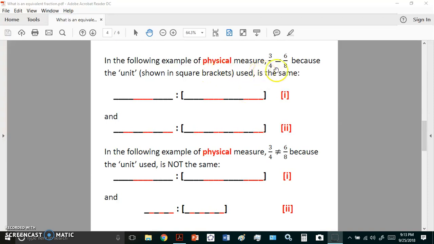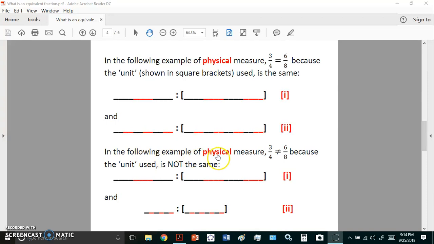So in this example of physical measure, 3/4 is equal to 6/8 because the unit shown in the square brackets is the same. In other words, this unit is the same as this unit, even though this unit here has been divided into 4 equal parts, and this same unit has been divided into 8 equal parts, okay? So in this case here, 3/4 is equal to exactly 6/8 in physical measure.